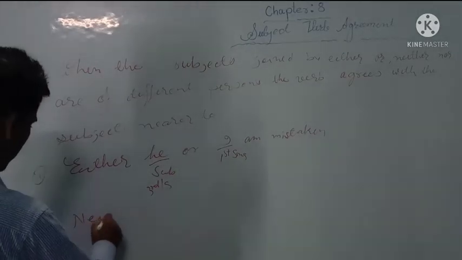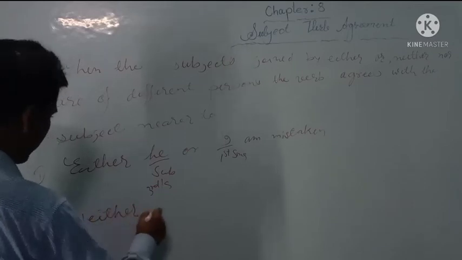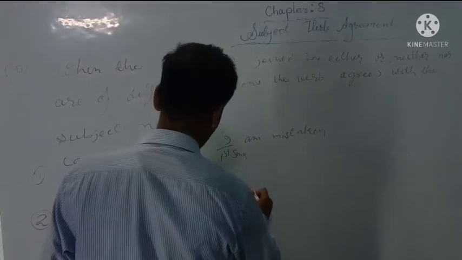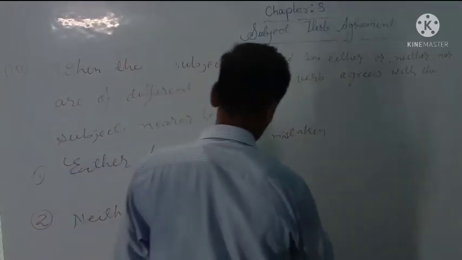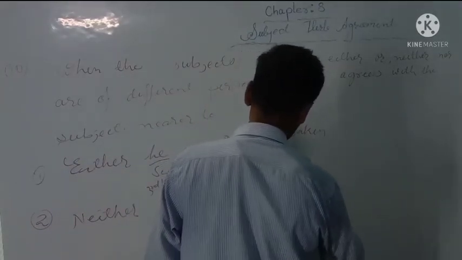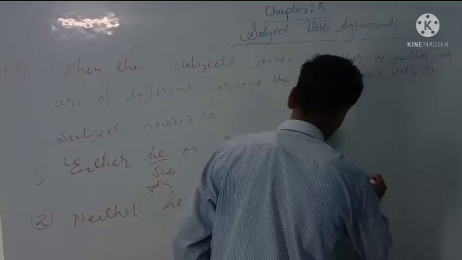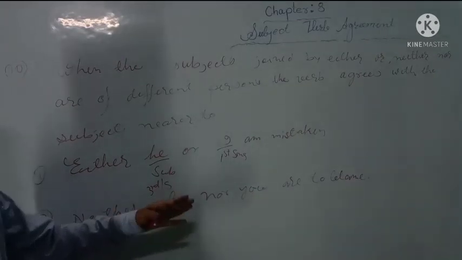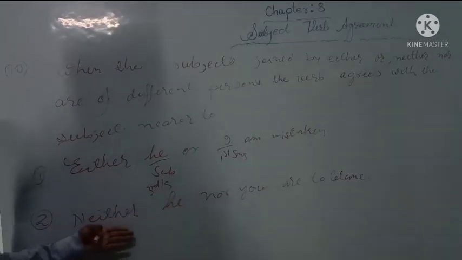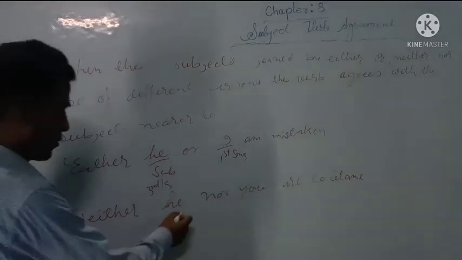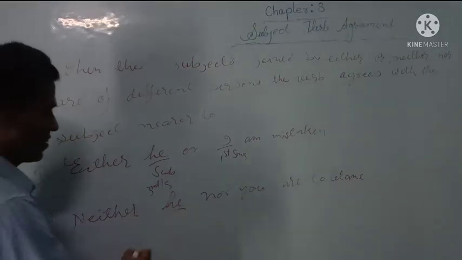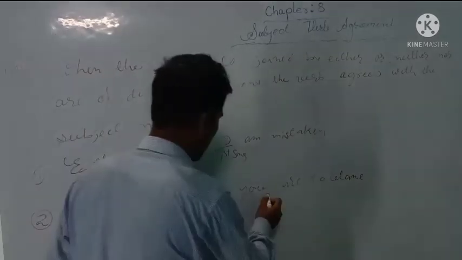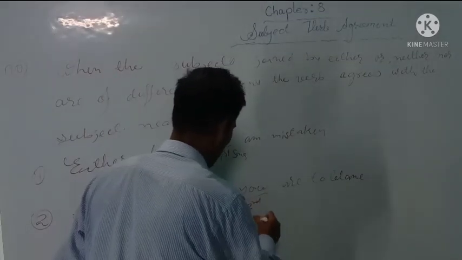So let us take one more example. Neither he nor you are to blame. Now in this second sentence, we have the first subject he, that is third person singular, and the second subject you, that is second person.